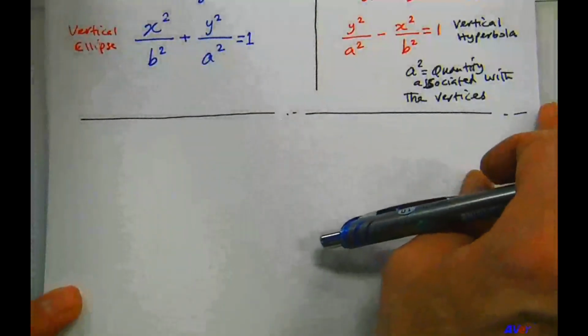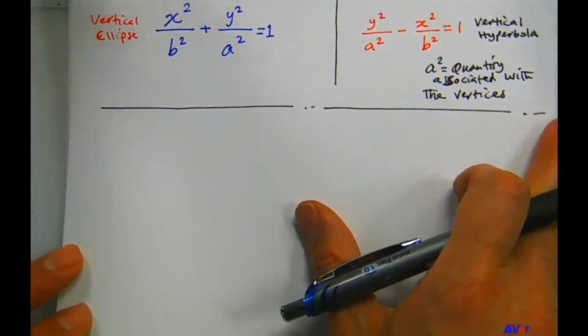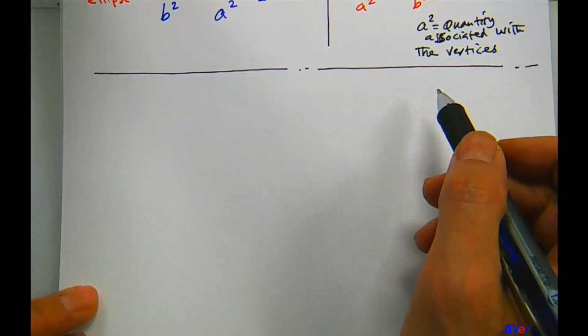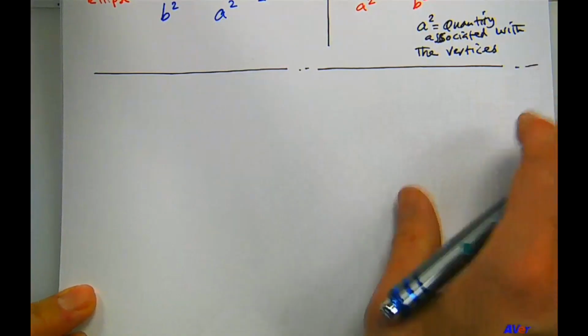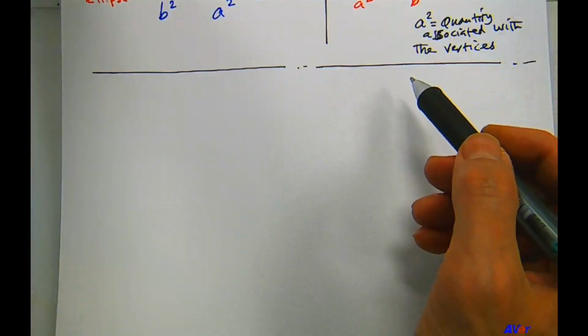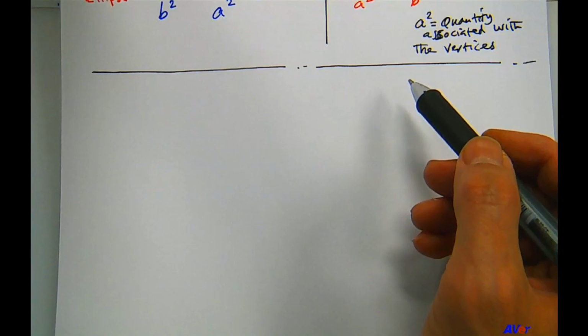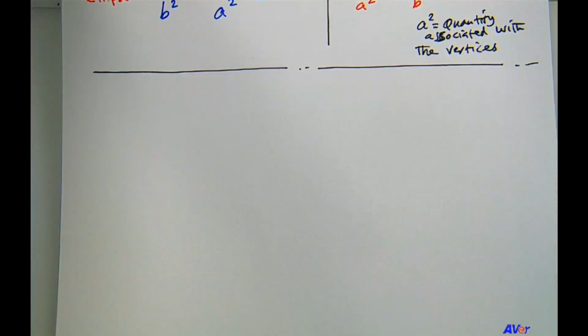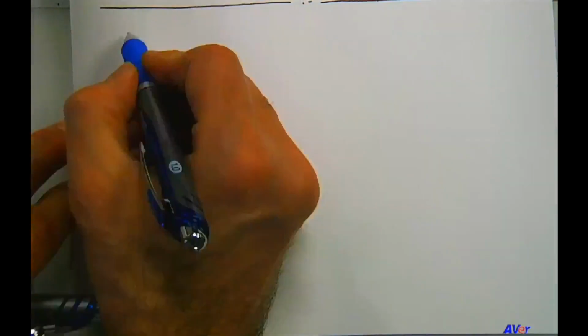We've been talking about conic sections, and I've explained that we call them conic sections because they can be obtained by taking a cross section of an upside down cone. So let me draw a similar picture here for the hyperbola.